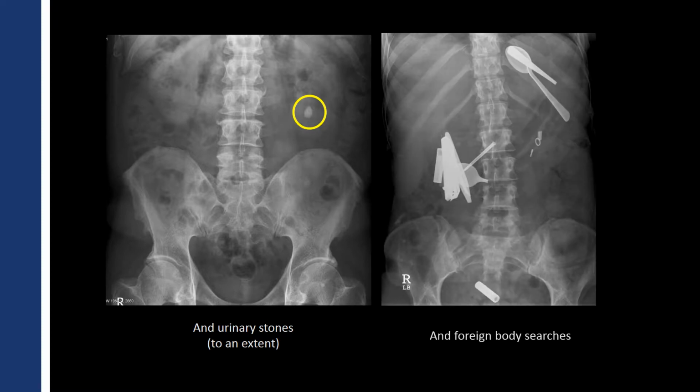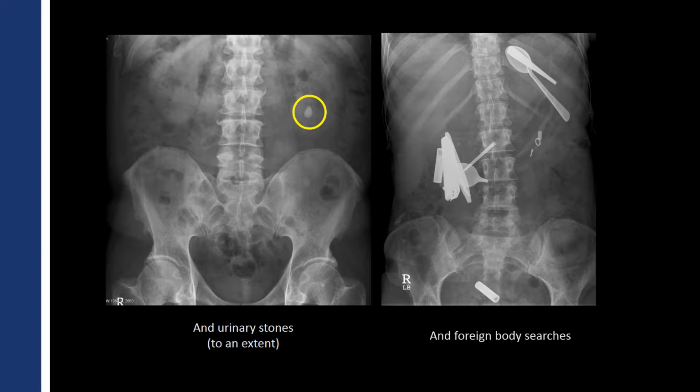What else we can look for are foreign body searches. Patient may have swallowed something. In this case, this patient looks like he made lunch out of a couple of spoons, a collar stays, maybe a needle, a couple batteries it looks like. Now, you may not have a patient come in with this much, but how about a child who swallows one of those little round watch batteries?